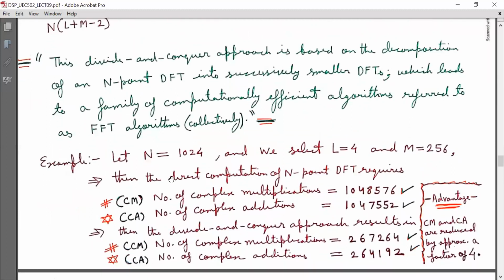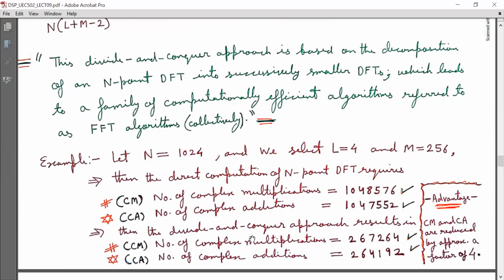Now we will do one example. Let us suppose capital N is equal to 1024 and we select L is equal to 4 and M is equal to 256. Then the direct computation of the N-point DFT requires, CM is complex multiplication, so it is N square, which gives 1048576, and complex additions equal to 1047552.